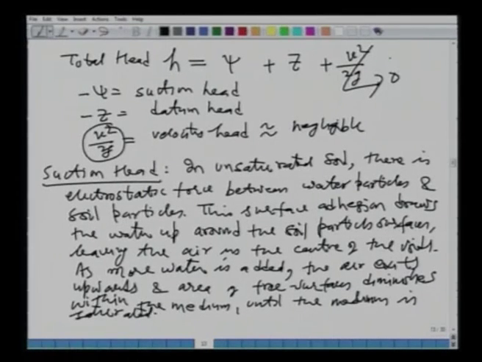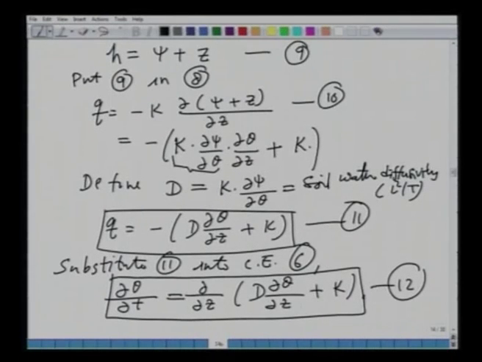We neglected the kinetic energy and said it consists of suction head and the datum head. With this we looked at the concept of the suction head, and then we moved on to combine the continuity and momentum equations to finally write equation number 12, which is our Richards equation.